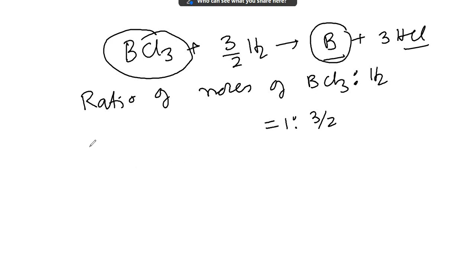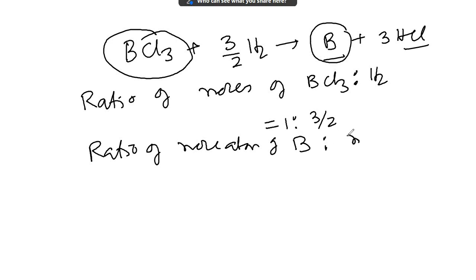Or the ratio of the moles of boron to moles of hydrogen is equal to 1 is to 3 by 2. Now in this case, mass of boron is given as 21.6 gram.